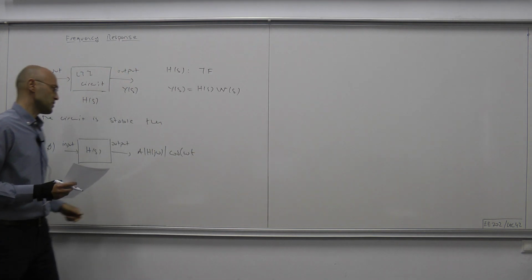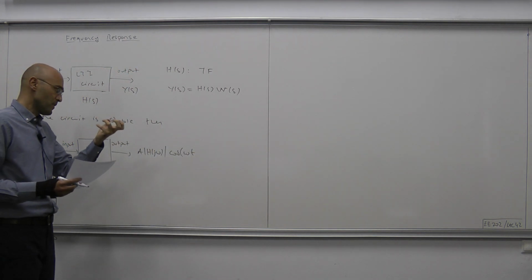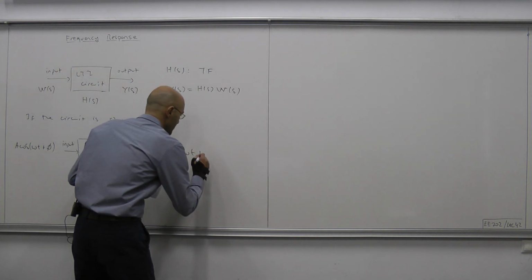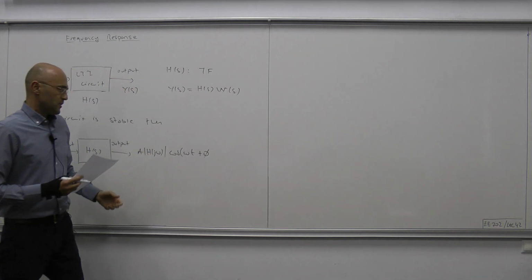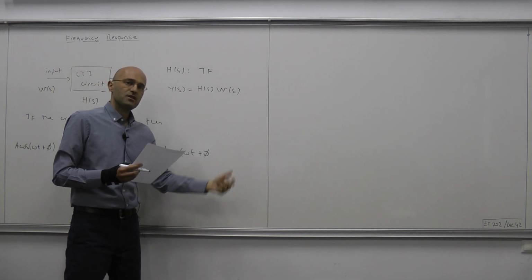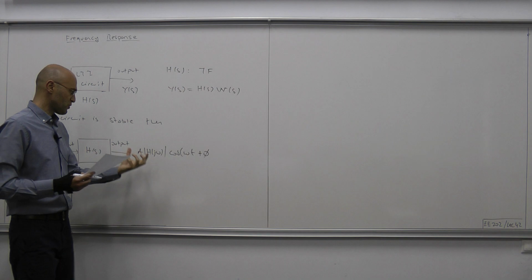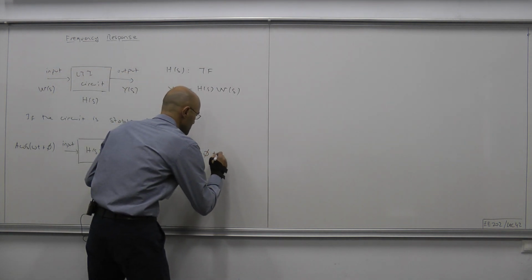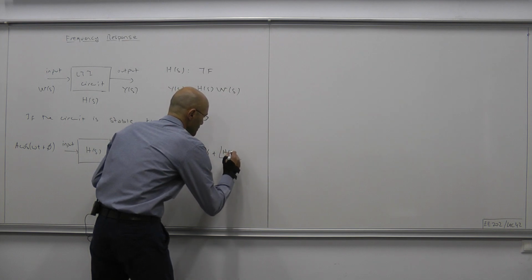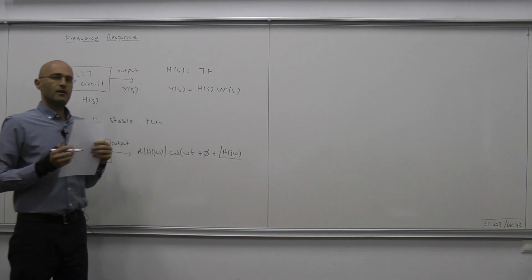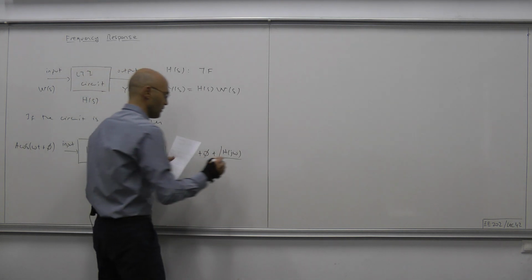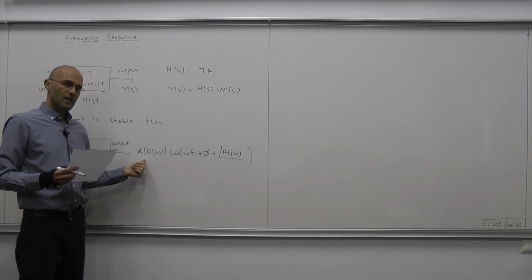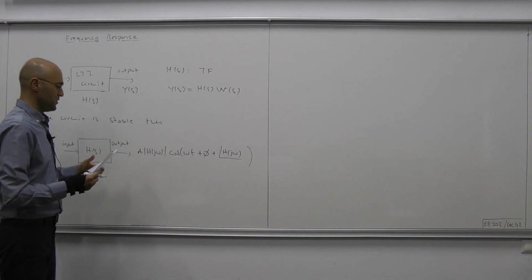The frequency of oscillations is directly inherited from the frequency of the input. As for the phase, it's the phase of the input plus some extra phase coming from the phase of the transfer function evaluated at s equals j omega. So this is what we expect at the output in steady state.